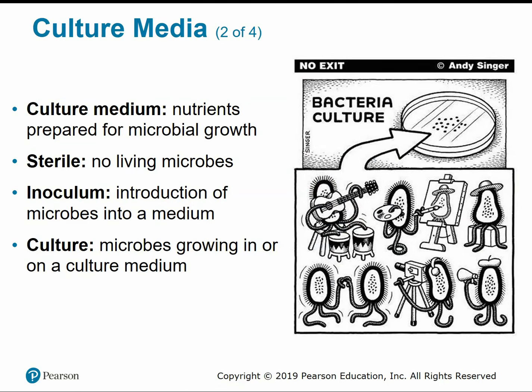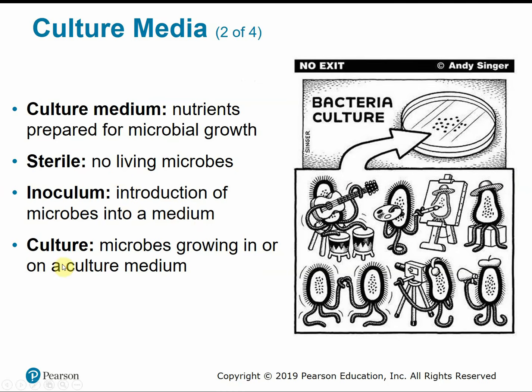Culture media is what we use to grow bacteria on in the lab. These are specific nutrients prepared for microbial growth. Culture media should always be sterile, meaning it should not have any living microbes on it when we first use it. When we inoculate a sterile culture media, we're introducing microbes into that medium.